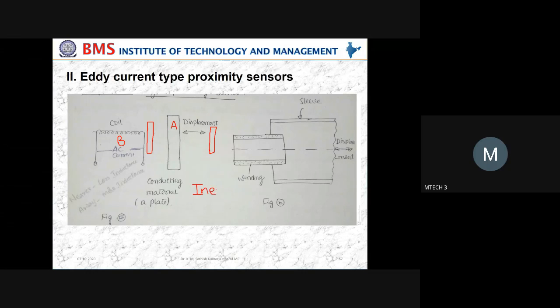By which I am going to have another property, which is called inertance. What do you mean by inertance? Any idea? Remember, inertance is the property of the material which opposes the AC current flowing through it.